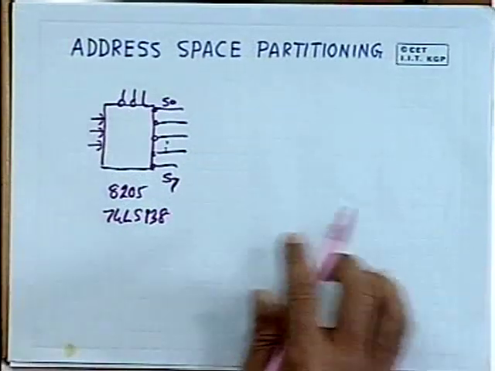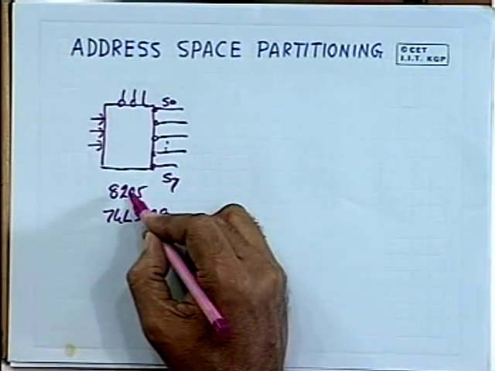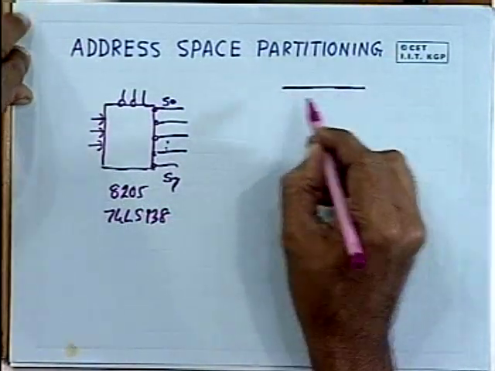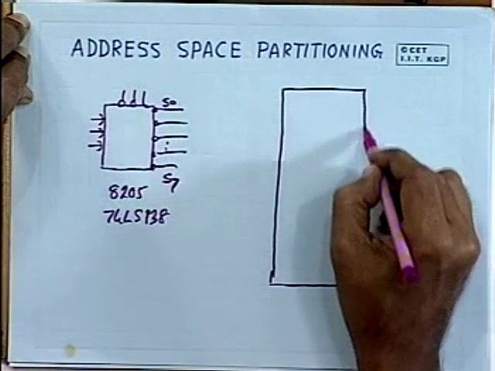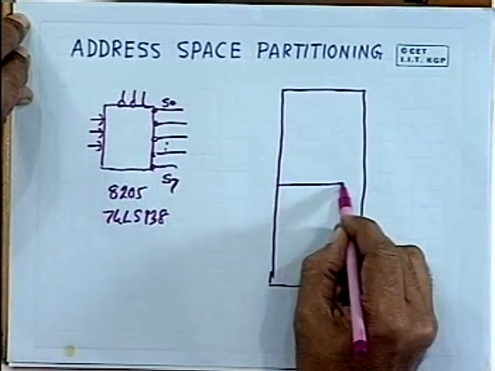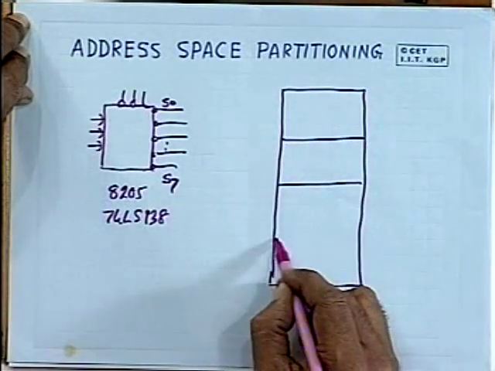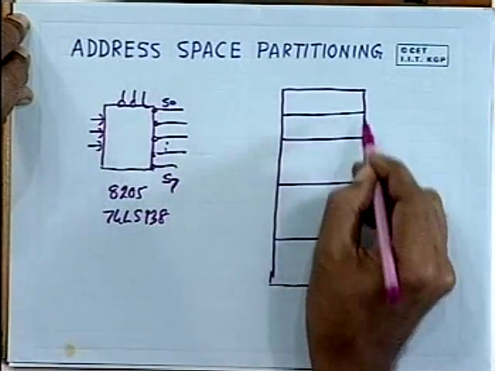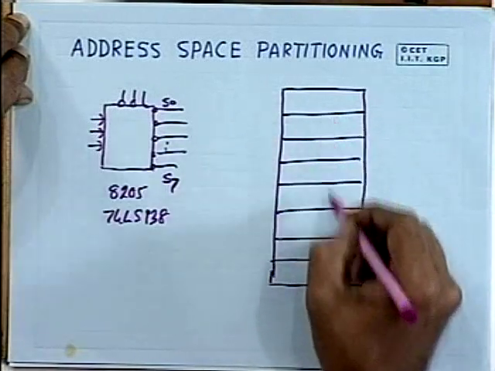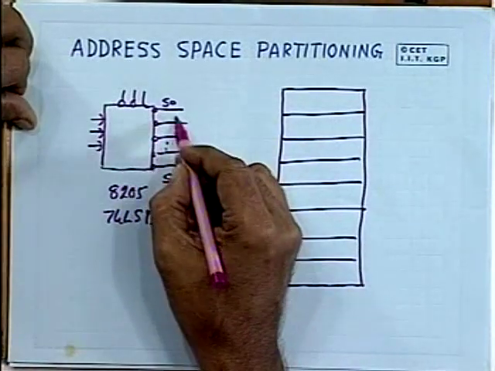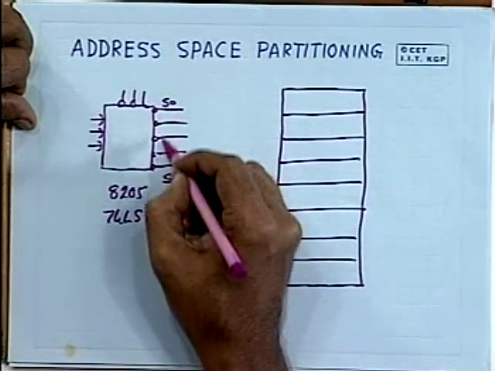Now since the chips are of 8K, we can partition the address space in this manner. We divide it into 8 parts because each of the chips is of 8K. So in 8 parts, and 8 chip select signals will select them.